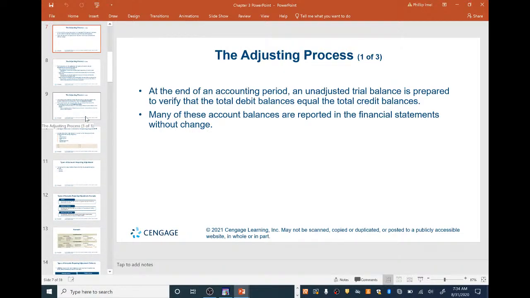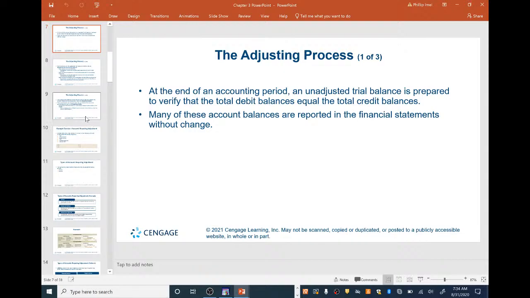So let's talk about the adjusting process, okay? Once again, this is going to happen at the end of the accounting period, right? An unadjusted trial balance is prepared to verify that the total debit balances equal total credit balances. If you recall, this was one of the homework problems that we reviewed in class on Friday.